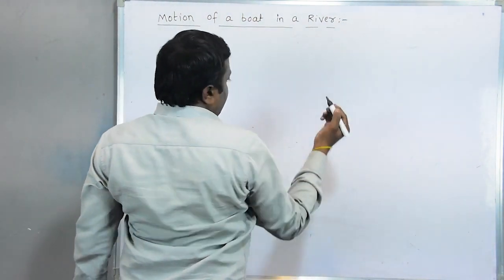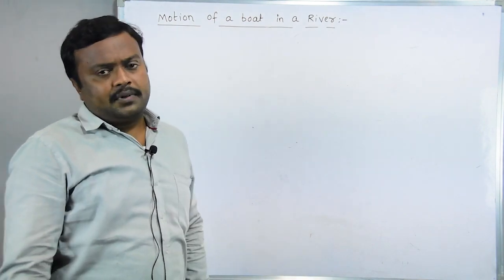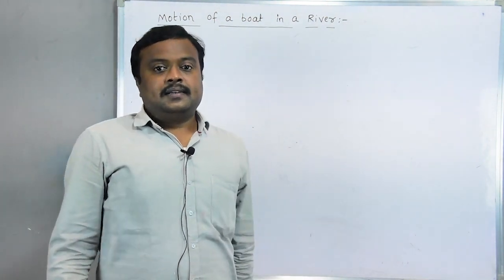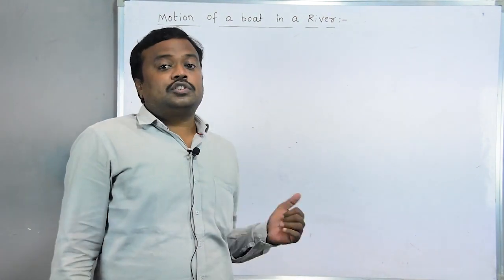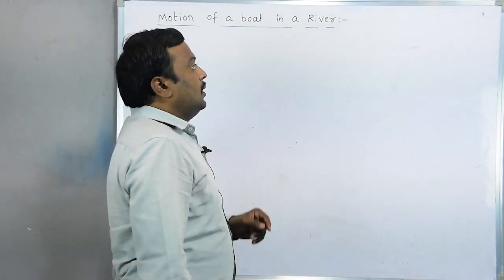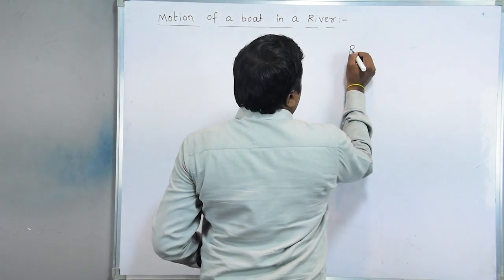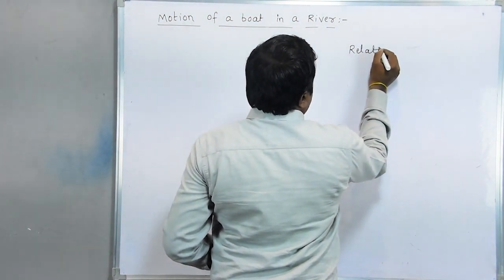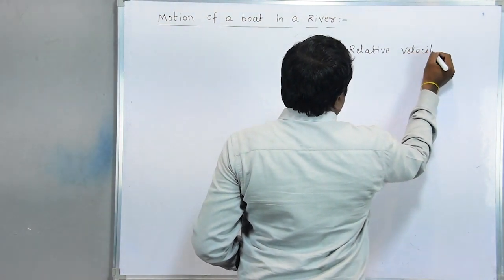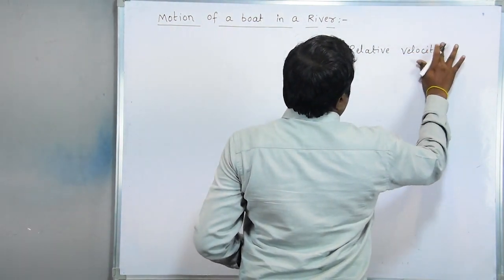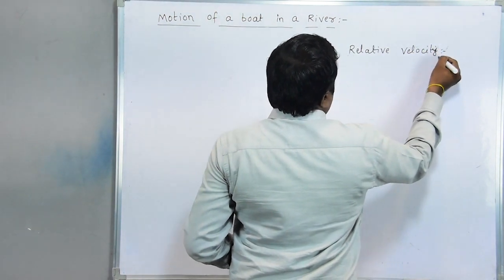So this is related to the concept of relative velocity. Already in motion in one dimension we discussed, here motion in two dimensions. So relative velocity, before going to see, just once revise this one. What is relative velocity?